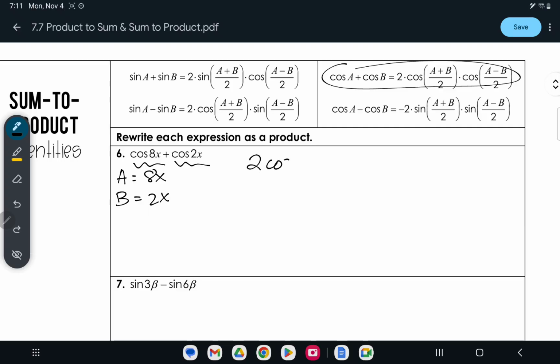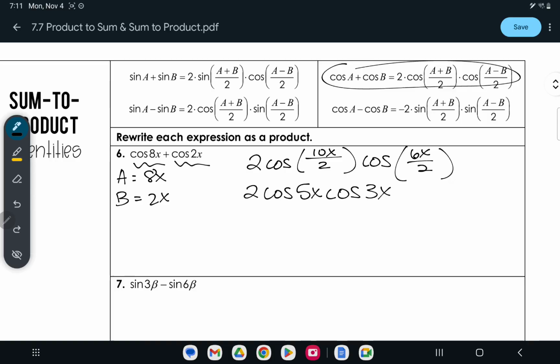So 2 cosine of (A plus B) over 2, so 10x over 2, times cosine of (A minus B) over 2, and we'll reduce even further. So that's 5x and 3x. And that's it.